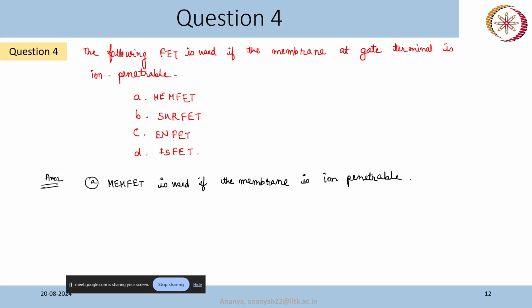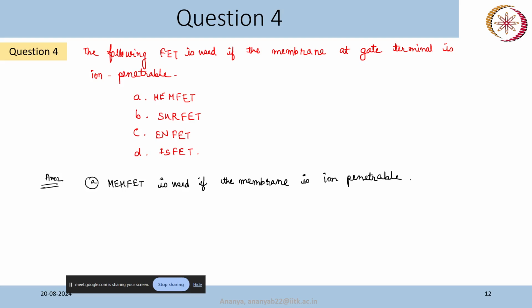You know that enzymatic reactions are very specific, like a particular chemical will react with a particular chemical, not with others. So if we want to ensure that our sensor is detecting only the target analyte, then an enzyme coating is used, that is known as ENFET.